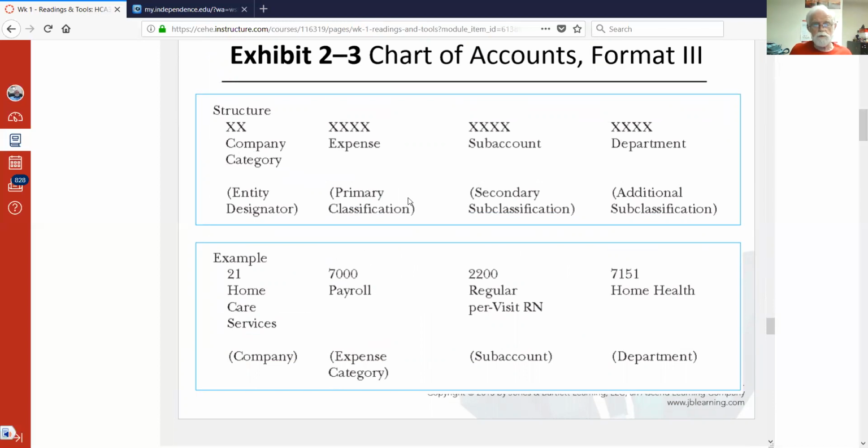It all depends on how their accounts are organized. So one of the things you want to do is take a look at the chart of accounts when you go into an organization to understand how all this information is recorded, stored, and reported.